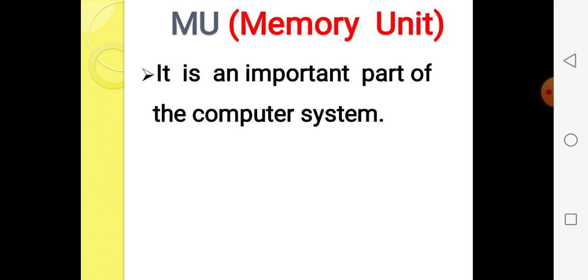So what is the work of the CU? CU controls the data and stores it according to its instructions. So what is the work of the memory unit? It receives data, holds it, and then delivers it according to instructions.